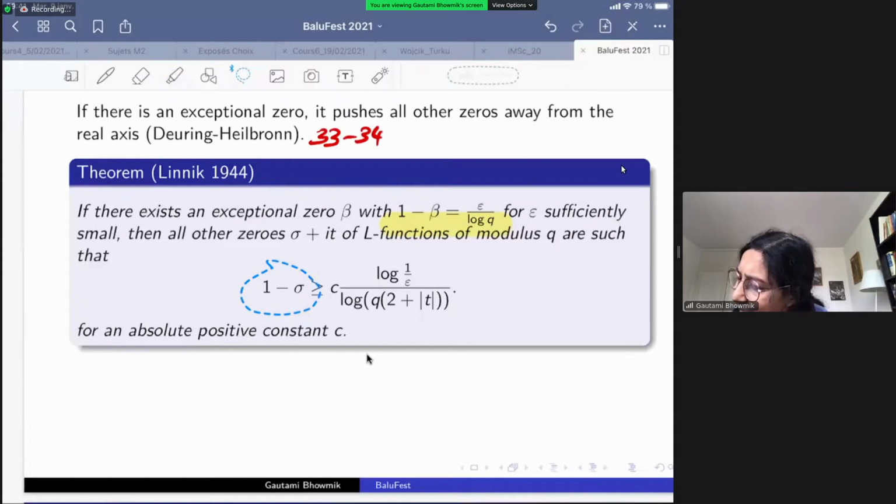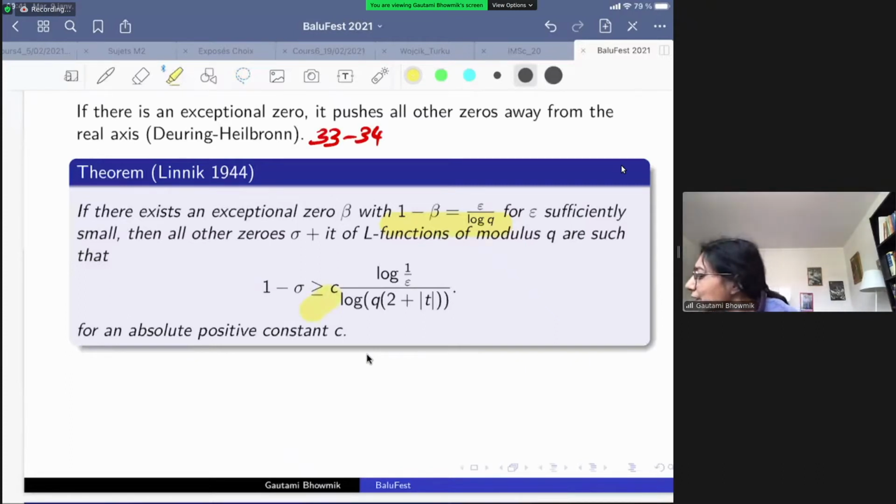And this c that you see here is an absolute positive constant.